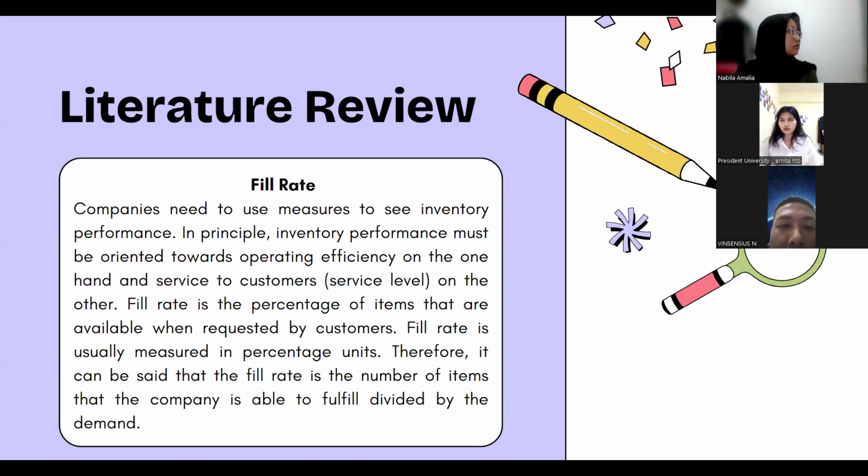Fill rate is usually measured in percentage units. Therefore, it can be said that the fill rate is the number of items that the company is able to fulfill, divided by the demand.